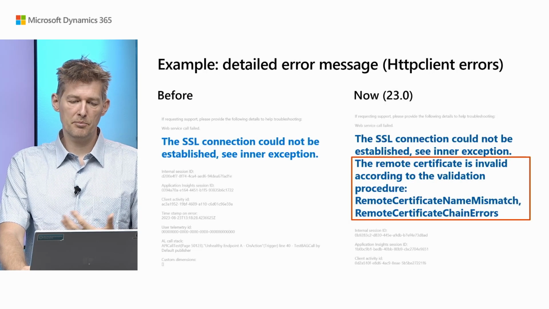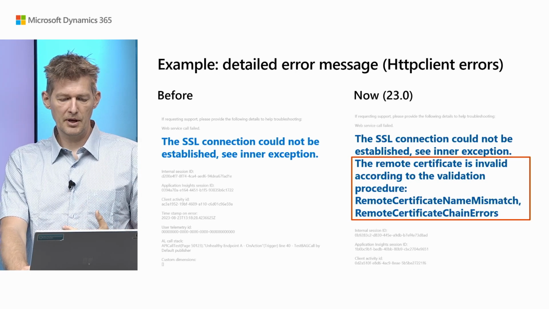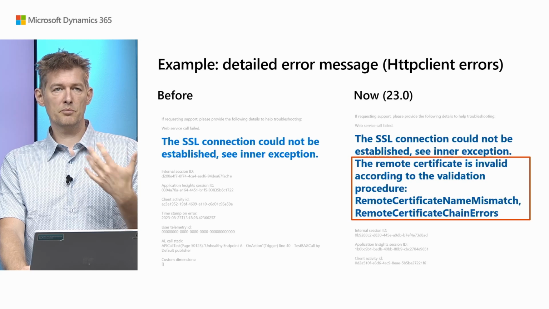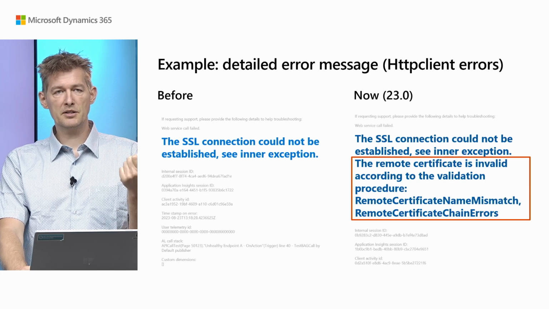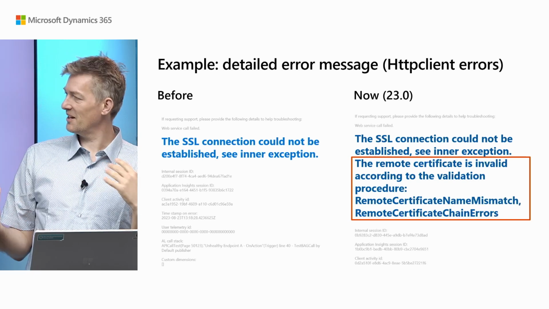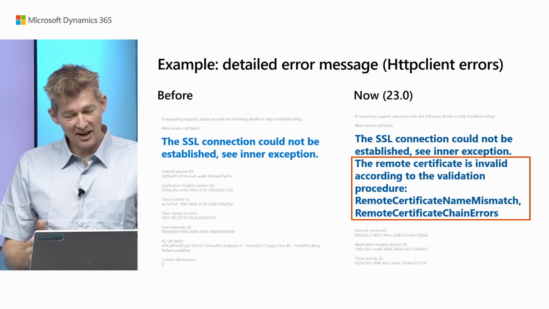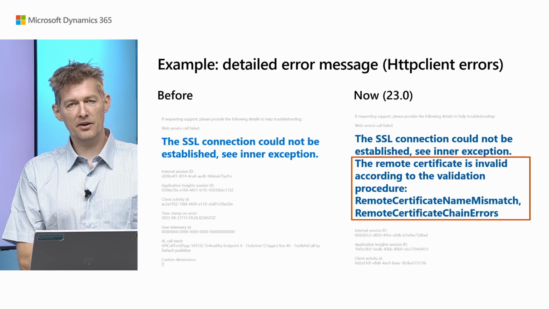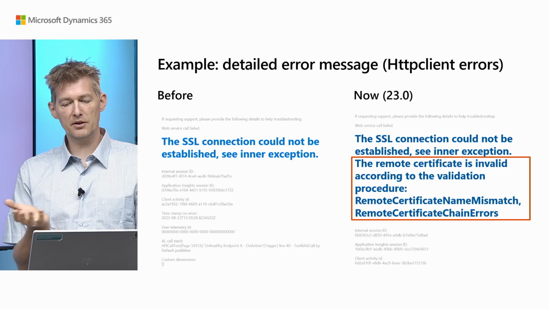Some examples here. Before, if you had SSL connection failures, the error message, prior to version 23, would just be see inner exceptions, but you had no idea what the inner exception was. So that's kind of, haha, see it, but we won't show you. Now we actually give you a little bit more info. In this case, the remote certificate is invalid.